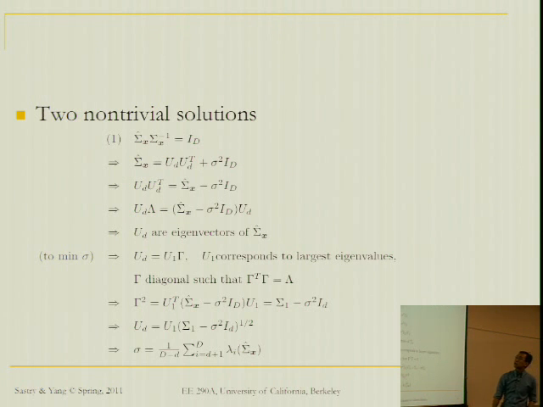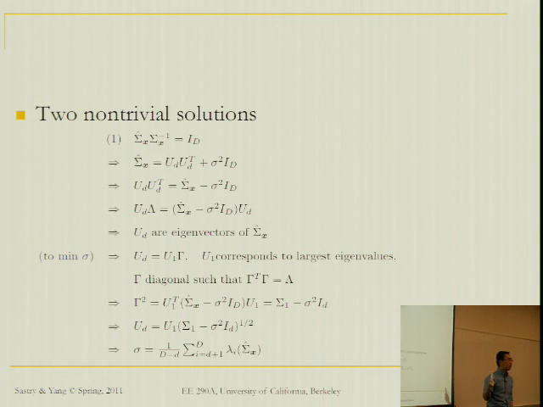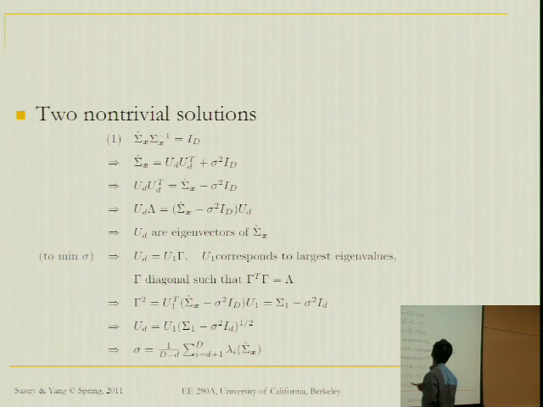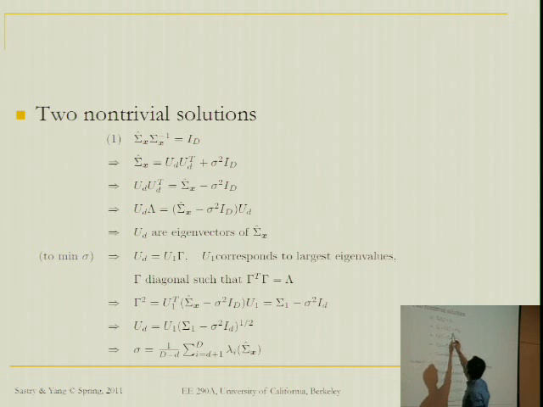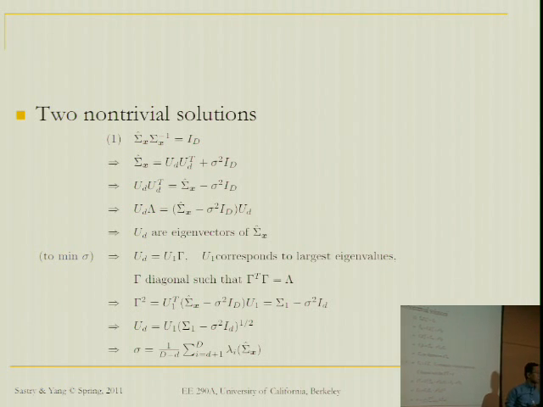The first possible solution is for the matrix in front of UD to be equal to identity, right? So that identity times UD equals UD. In that case, the sigma hat of x is equal to sigma x. And then we know that this is the definition for sigma x, right?